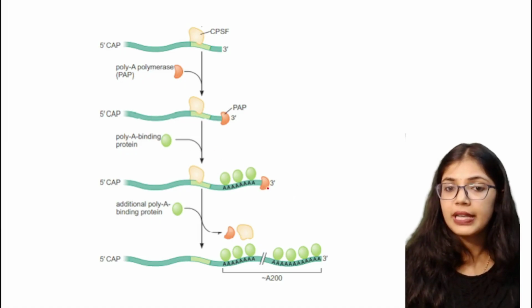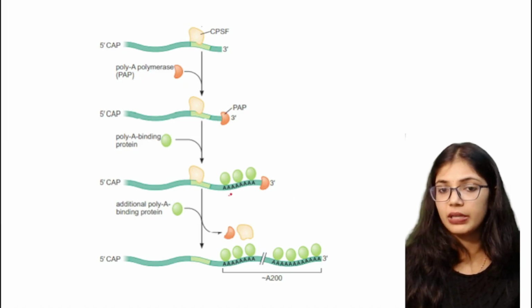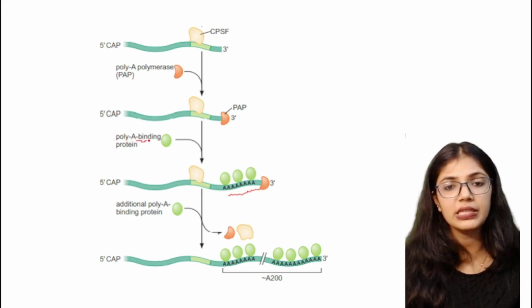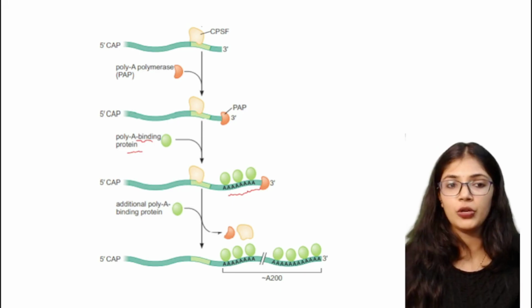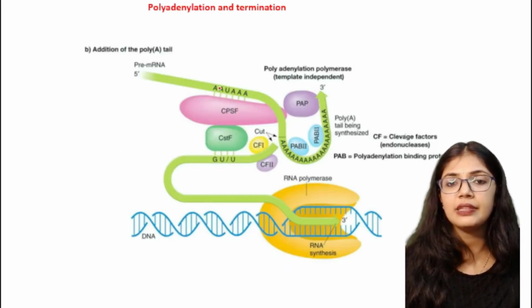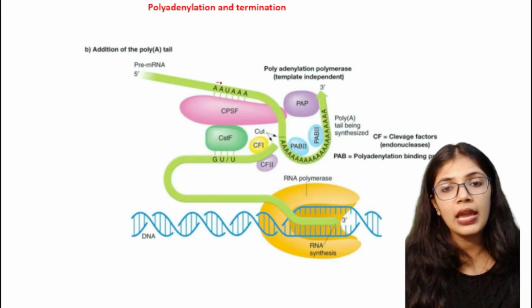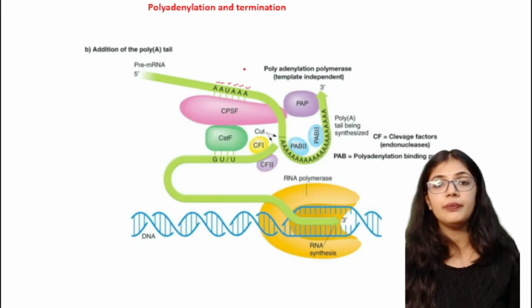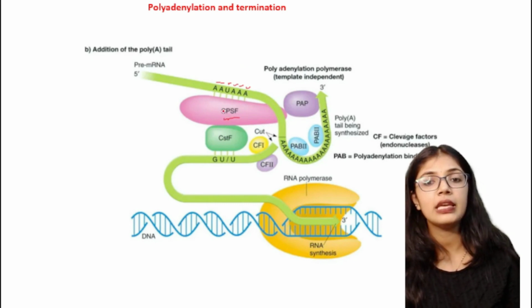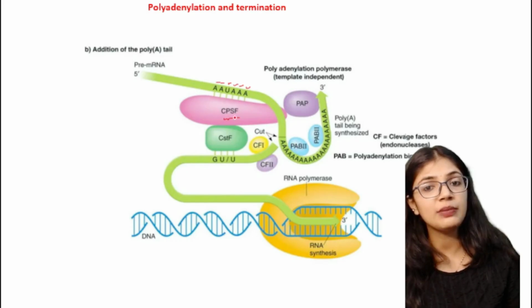For protecting this stretch of adenine, there is another protein which is binding, known as poly-A binding protein. We can be very clear with this diagram. Here we can see that there is a sequence AAA, which is present upstream of the cleavage site, which is being recognized by CPSF, the cleavage polyadenylation stimulation factor.